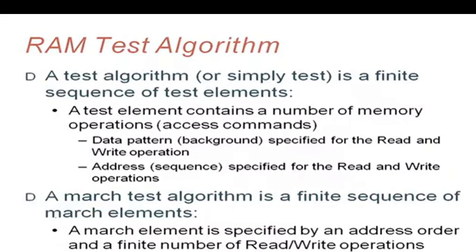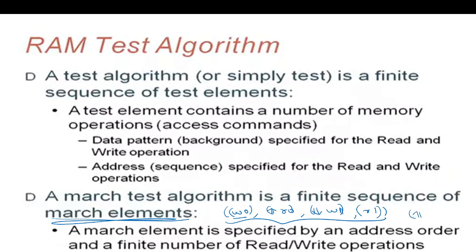Now, what are March elements? We have, say, read 0, and a specific order of write 0, a specific order of reading 0, and say another specific order of write 1, read 1. So each of these, I can say, is one element. These are the March elements.